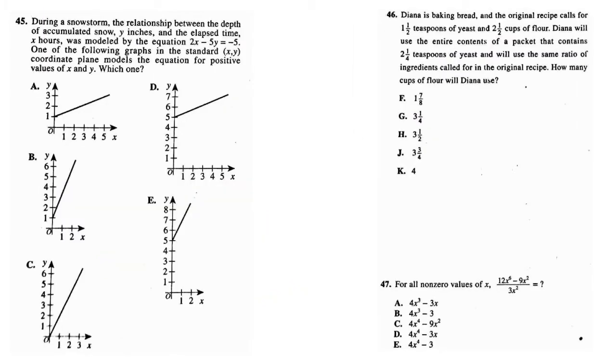Okay, now let's look at 45. Looks like a great problem here. During a snowstorm, the relationship between the depth of accumulated snow, y inches, and the elapsed time, x hours, is modeled below. One of the following graphs, in the standard xy coordinate plane, models the equation for the positive x values.